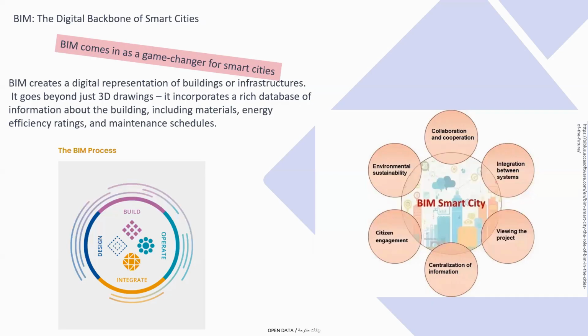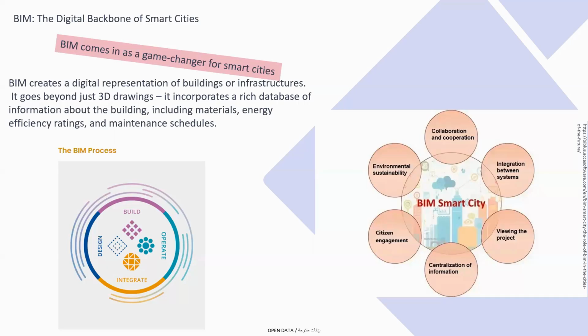It means that you will have complete gathered online and interactive information about infrastructure, and then if you connect that with geospatial technology, you can do a lot. So the digital backbone of smart cities, BIM becomes a game changer for smart cities.